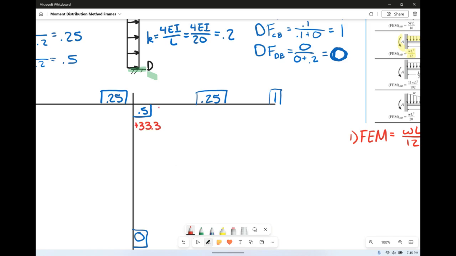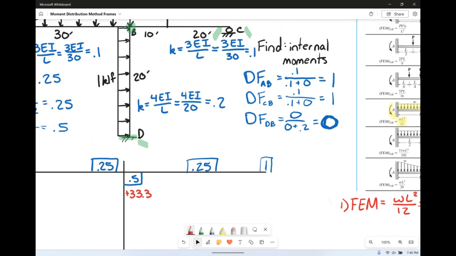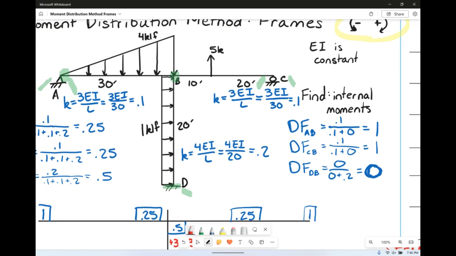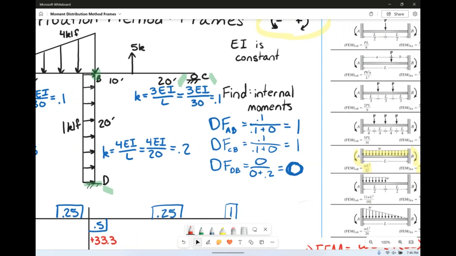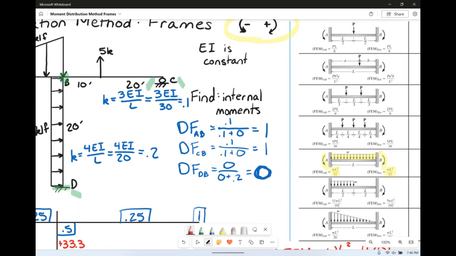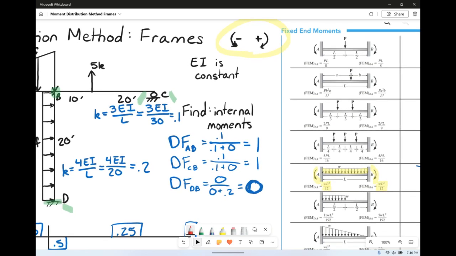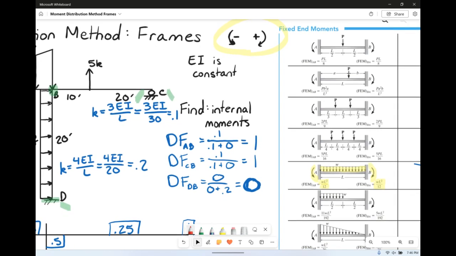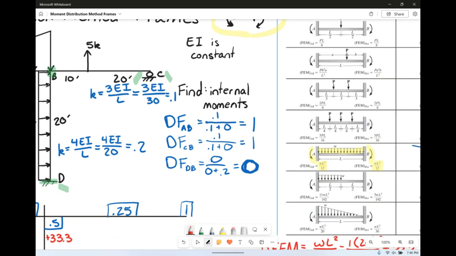Okay, then we have our linearly distributed load of 4 kips per linear foot for AB. So we actually have one of two ways to do this. We've been saying that we need to go to this fixed end moment chart at the back of the book and look for both fixed ends. And as you can see, you're going to have moments on both sides. One of them is WL squared over 20, the other is WL squared over 30.